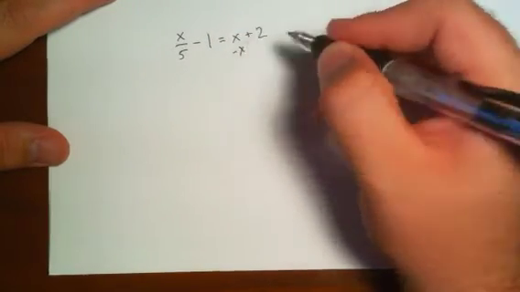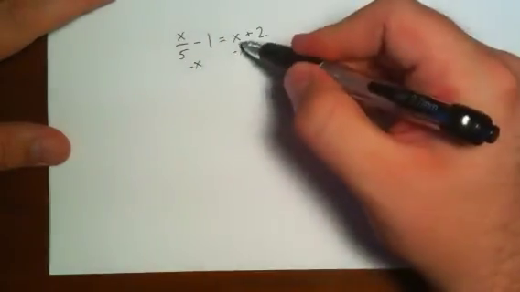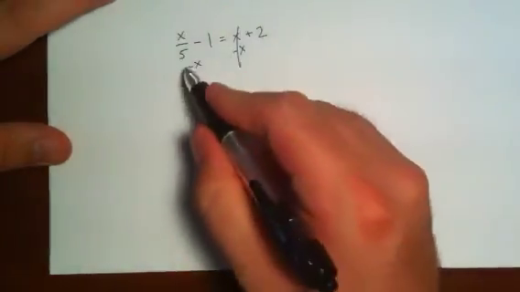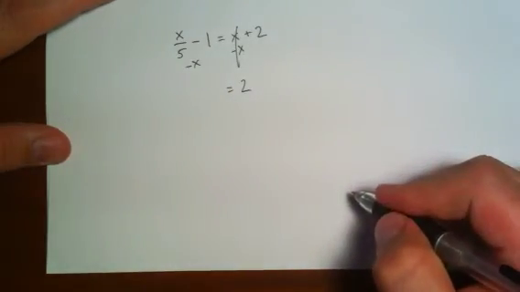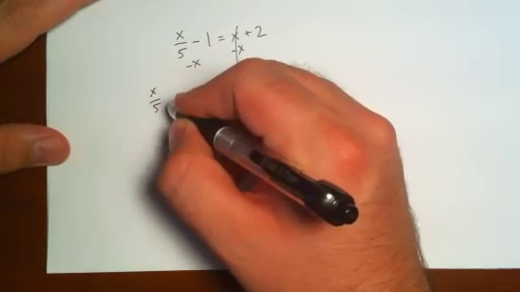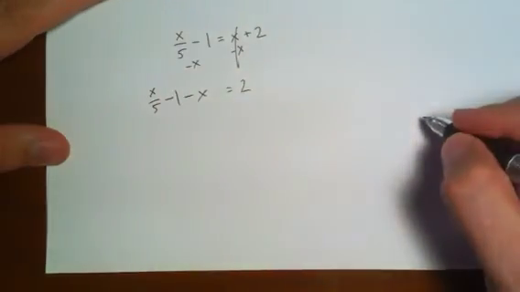Well, how are we going to do that? Well, we can subtract an x from both sides, right? So x minus x, that's just 0. Okay? And so the right-hand side just becomes 2. 0 plus 2 is 2. And on this side, we have x over 5 minus 1 minus x, right?